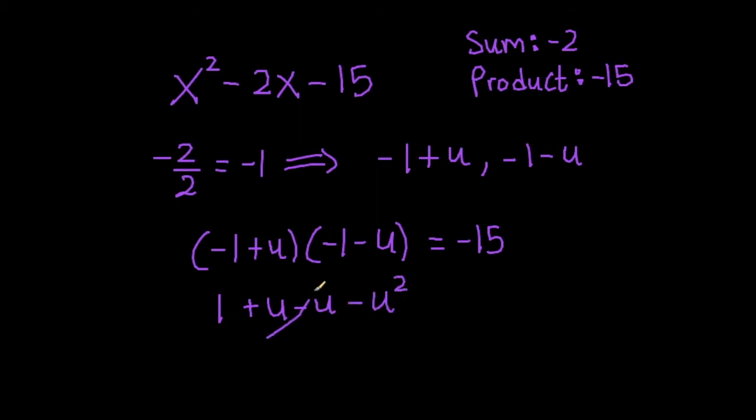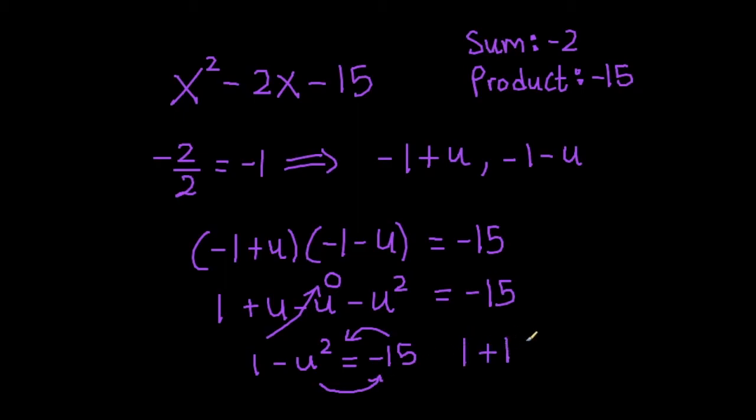Okay, so those two terms in the middle cancel out, and we want that to be equal to -15. So all we're left with is 1 minus u squared is equal to -15. Now we swap the -15 with the -u squared, and in doing so they change signs. So we have 1 plus 15 is equal to u squared. And so finally, 16 is equal to u squared.